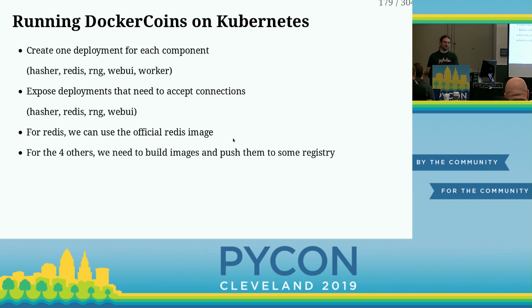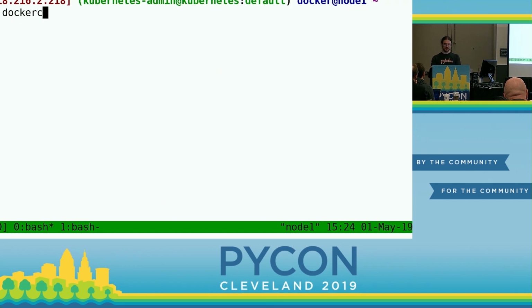So one deployment for Hasher, Redis, RNG, etc. And then I'm going to expose the ones that need to receive traffic. So for the Redis container, I can use the Redis image. And for the other containers, the images that I have are all called dockercoins/ the name of the service :v0.1.